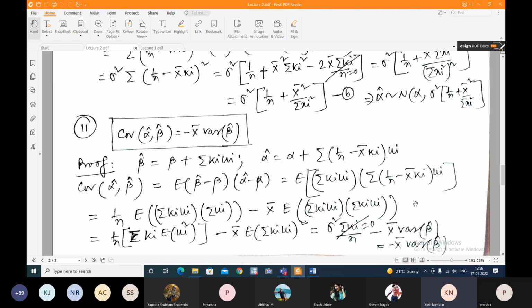Then we go for testing of hypothesis. And again, the testing of hypothesis, these statistical tests, they have type 1 error and type 2 error. And there what we do?